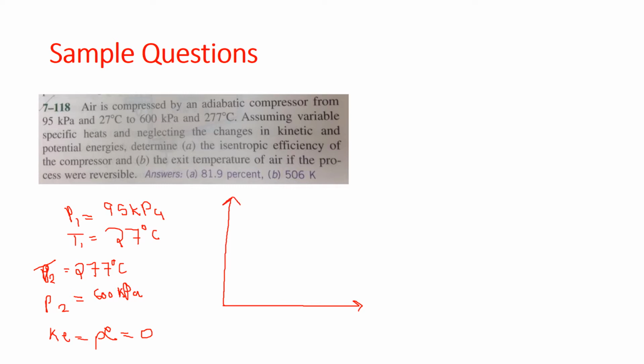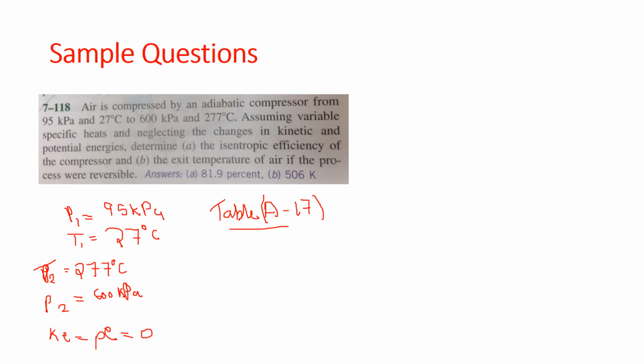So before we do that, let's go to the property table, which is table A17, and find the h1 and h2 corresponding to these temperatures.